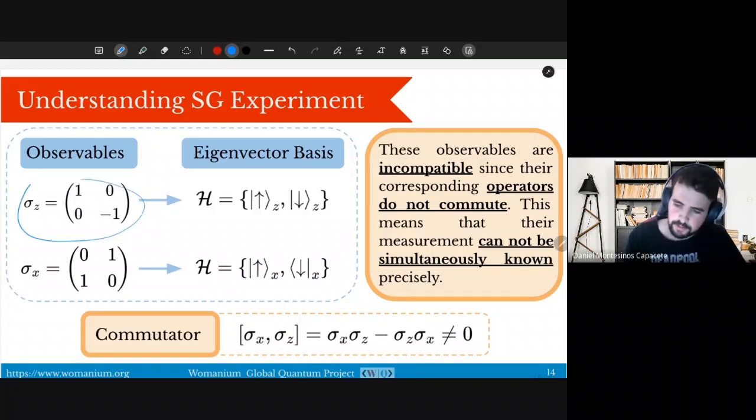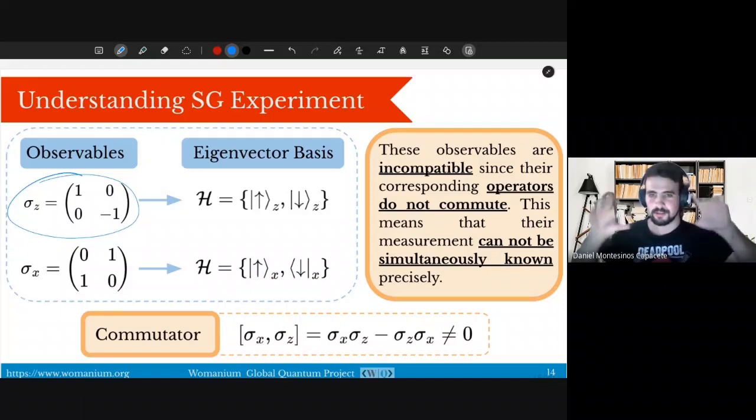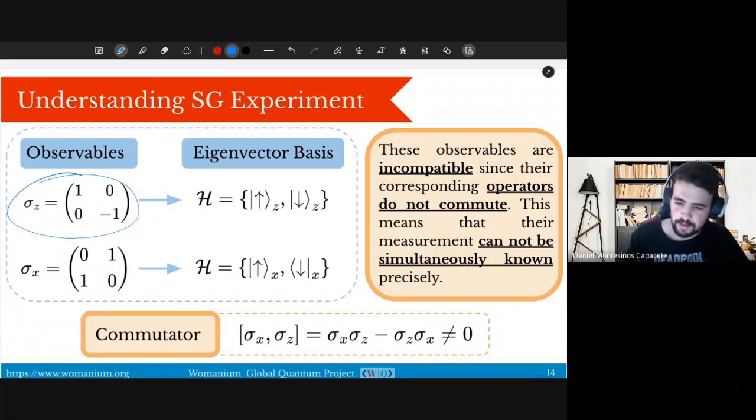When we were measuring the spin, at the end we were measuring these operators that represent the spin. I know this is something I'm just giving to you without explaining why it is like this, because it's more complicated. But let's just state that these Pauli matrices represent spin operators.